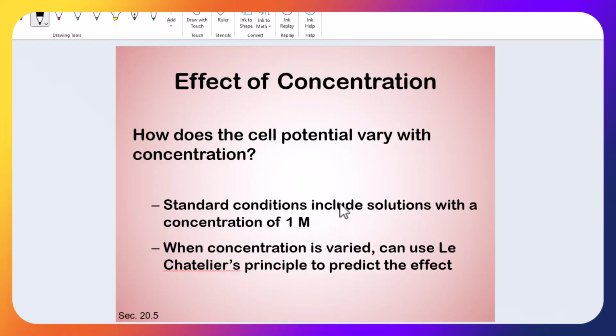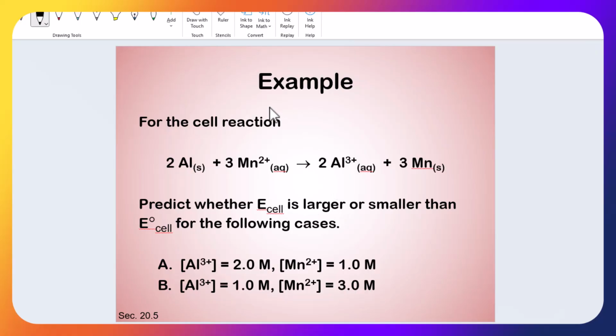Okay? All right, so here's the case. For the cell reaction, 2 aluminum plus 3 manganese 2 plus yields 2 aluminum 3 plus plus 3 manganese. Let's analyze this real quick. We got 0 oxidation state here, plus 2 here, plus 3 here, 0 oxidation state here. Aluminum is being oxidized to 3 plus.